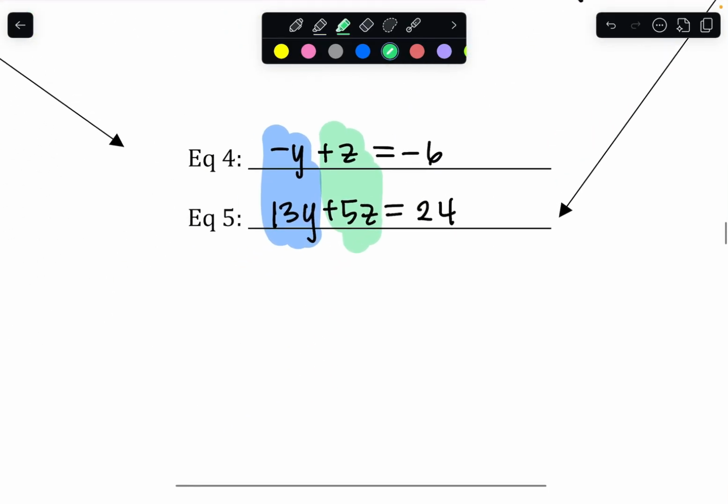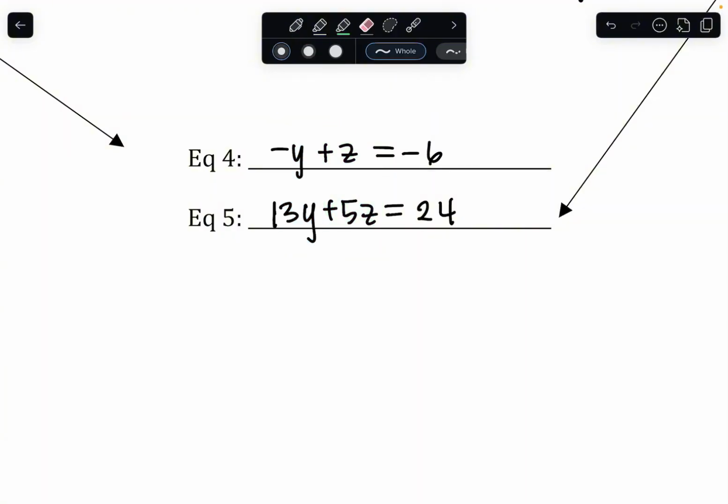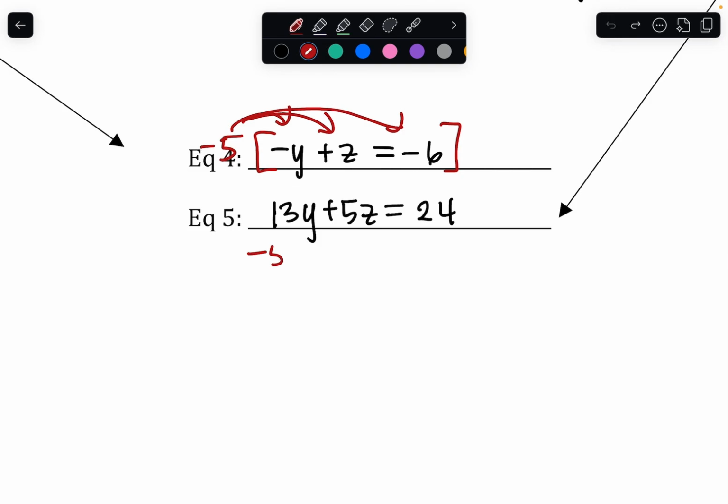And so in keeping using elimination, I think I'm going to eliminate the z's just because I don't want to multiply a top equation by 13. So we need to multiply this top equation by a negative 5. Okay, so that gives me positive 5y minus 5z equals positive 30.